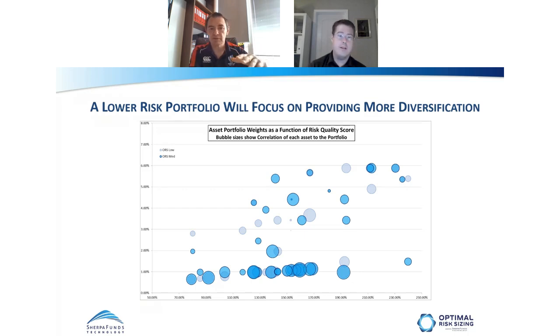And so if we were to think about that in the simple way, for the less quantitatively inclined that might be listening, if we're taking less risk, we're prioritizing in our weighting decisions the smaller bubbles because they're better diversifiers. And if we want to take more risk, then we're putting more eggs in our basket of the stocks that might move in tandem, but we're taking more exposure to that more concentrated thesis.